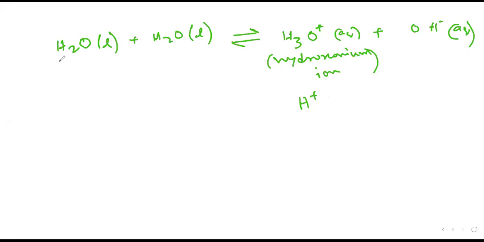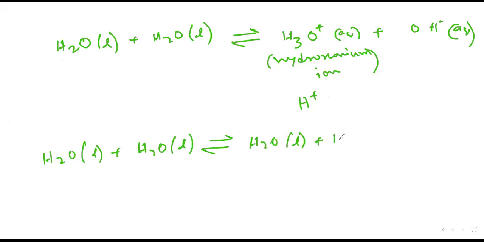So we can write this equation in another way, which is H2O plus H2O, the main thing which actually happens, which is H2O liquid plus H plus aqueous plus OH minus.